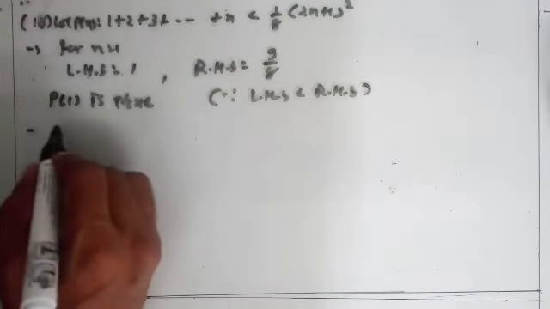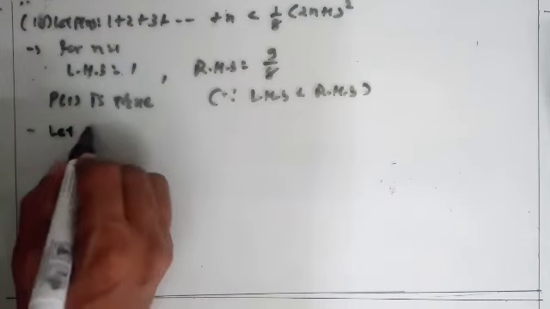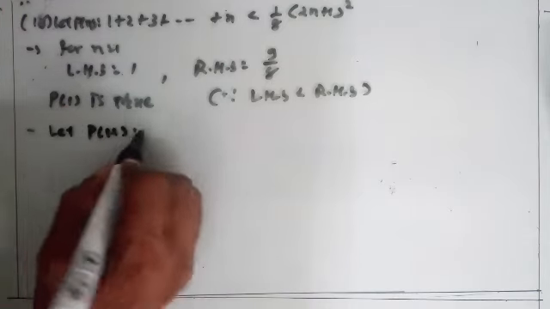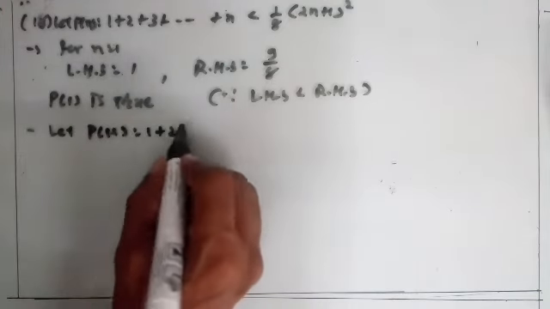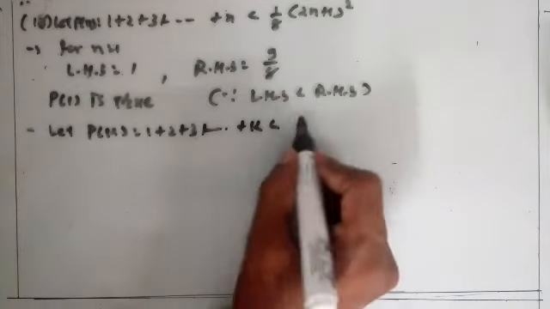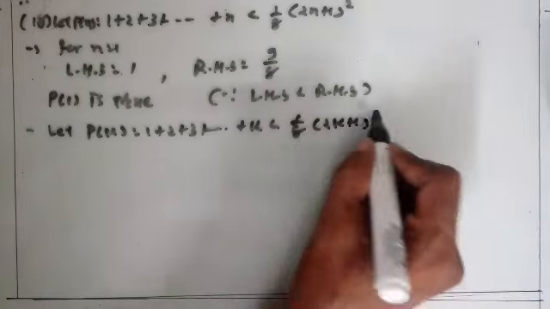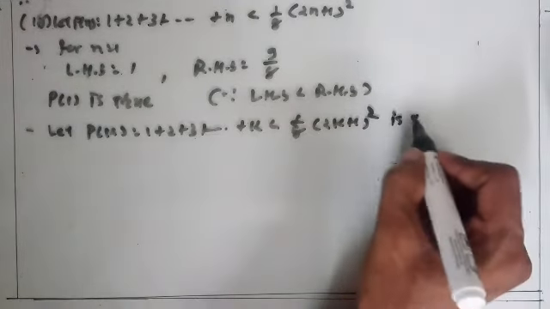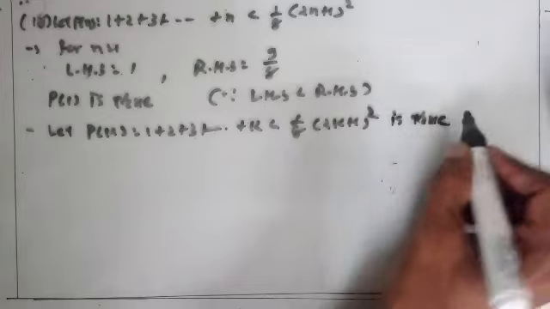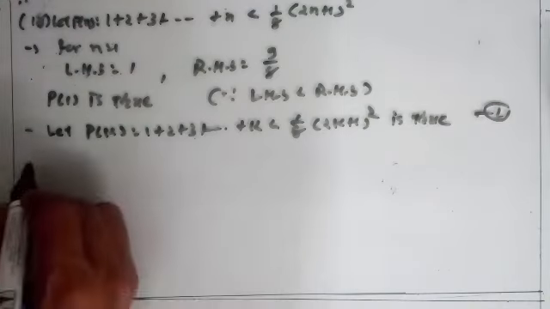Now suppose this Pk is true. Let Pk be 1 + 2 + 3 + up to k < (1/8)(2k+1)², is true. Take this as result number 1. Using this result, we prove Pn is true for n = k + 1.